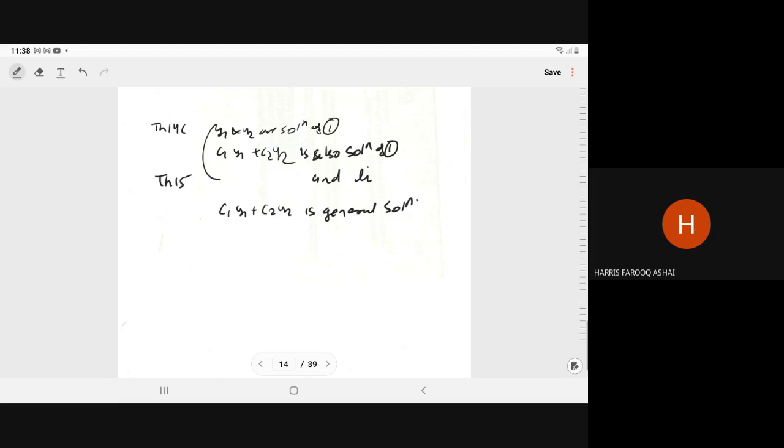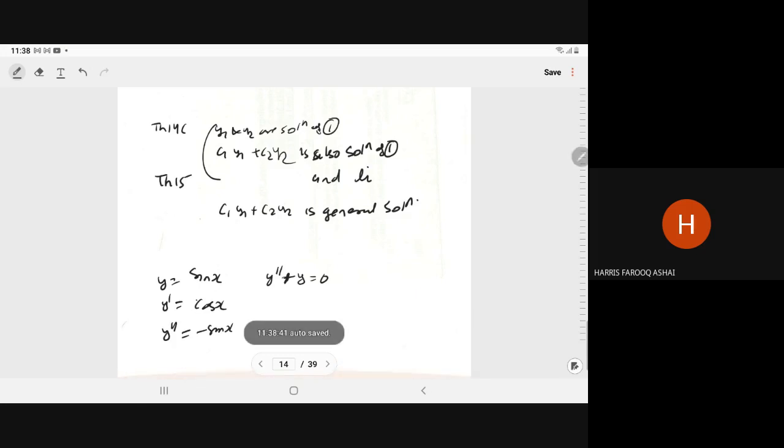I am saying that if sin x is a solution of the equation y double dash plus y is equal to 0, let us first verify. y is equal to sin x, y dash is equal to cos x, and y double dash is equal to minus sin x. So let sin x be the solution of y double dash plus y is equal to 0.